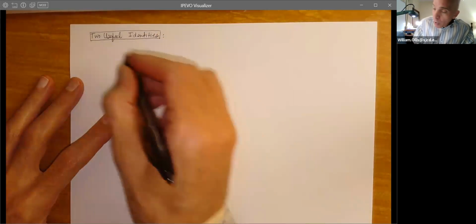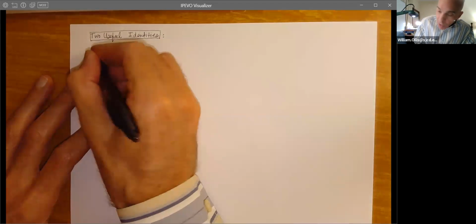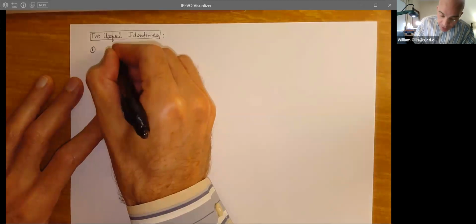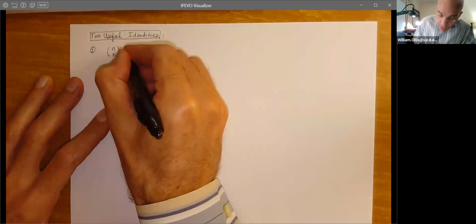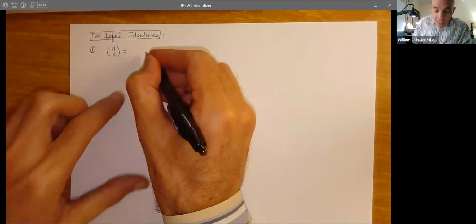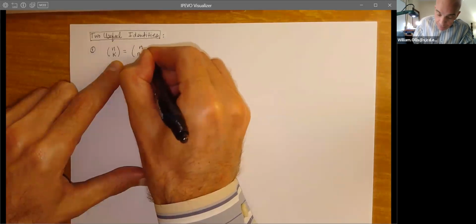So the first one in this case will be the one that helps us with computation. That is, you're thinking about picking subsets. We can verify these with the definition. That is, n choose k will be equal to n choose n minus k.